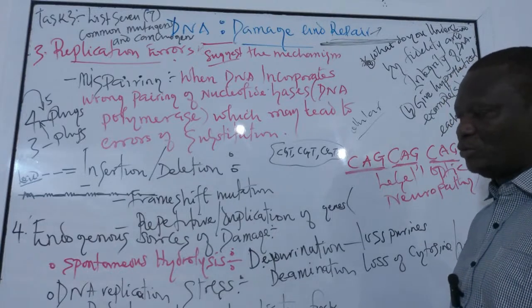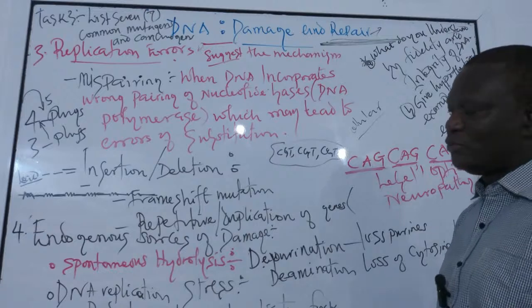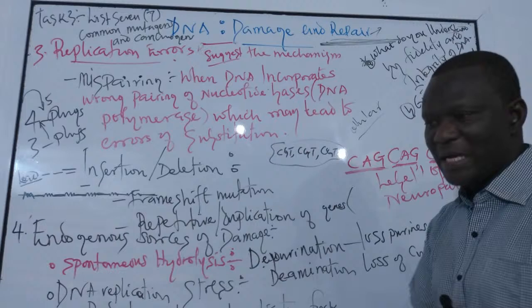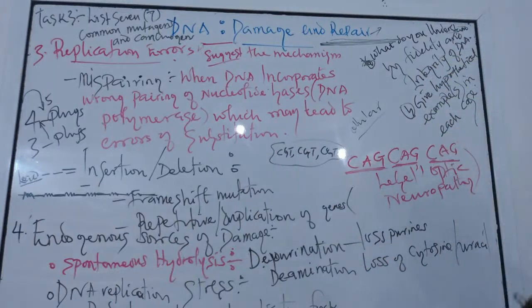The same thing with DNA, the same thing with every cell. The normal activities of the cell are prone to making errors, and how well they are able to repair these errors will depend on how perfect their repairing mechanism is.